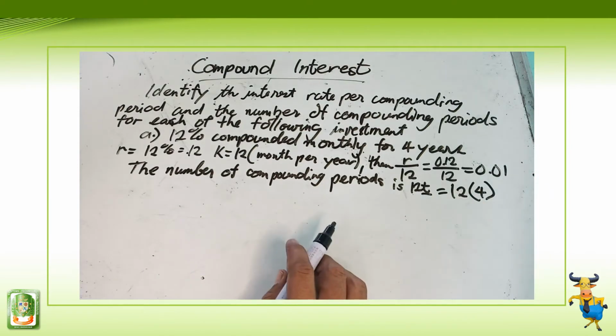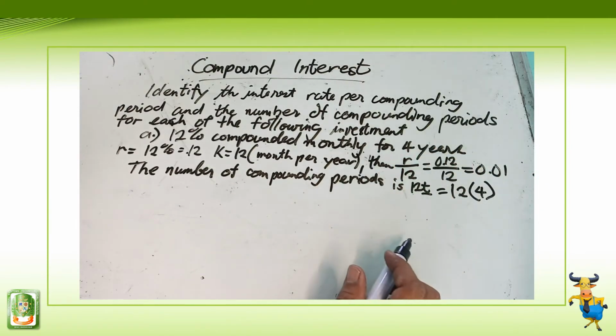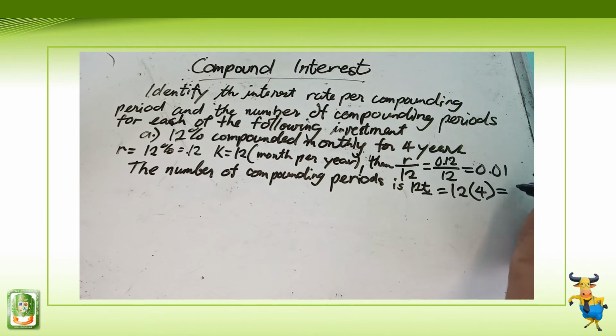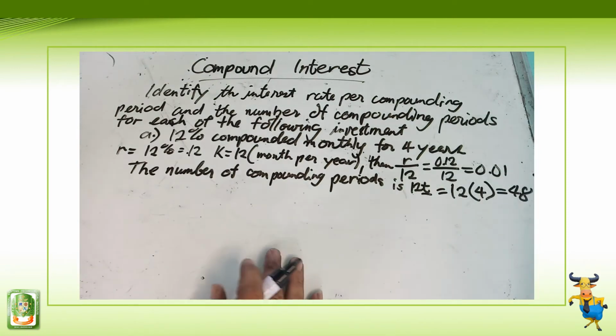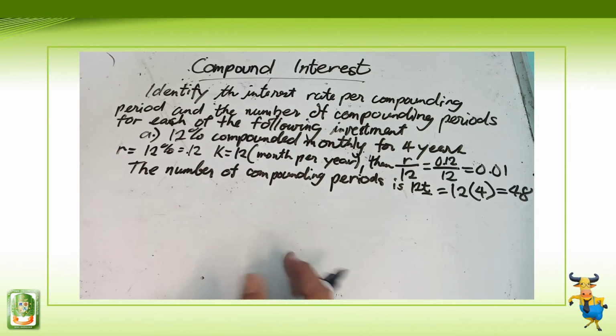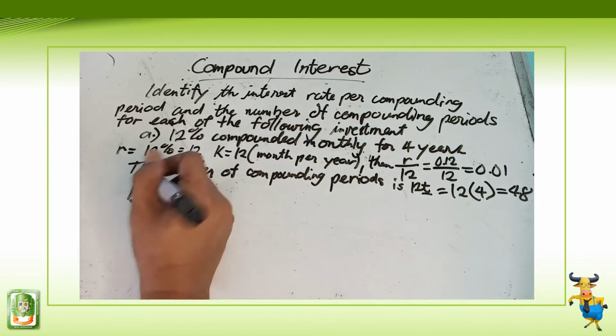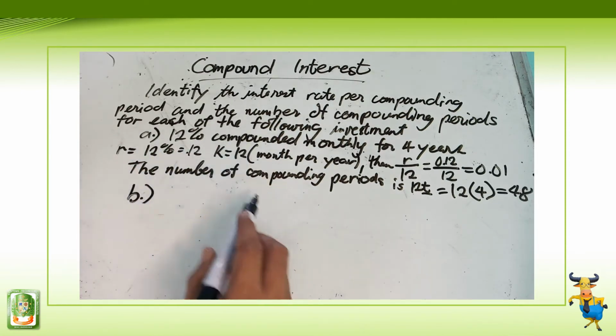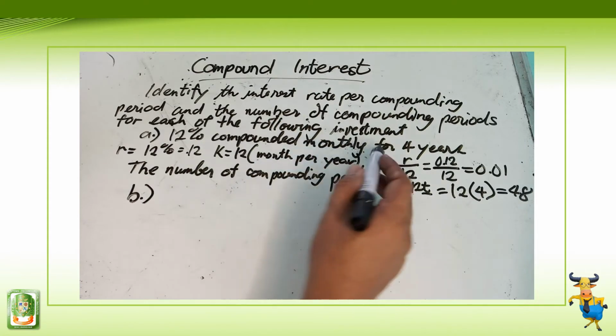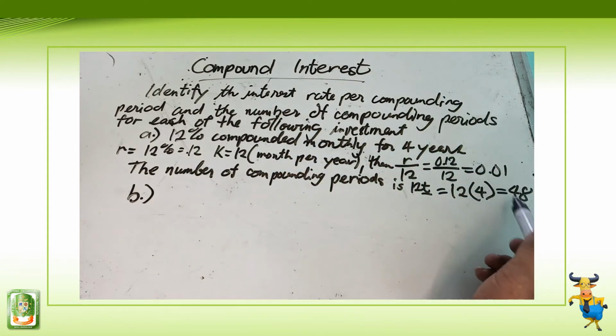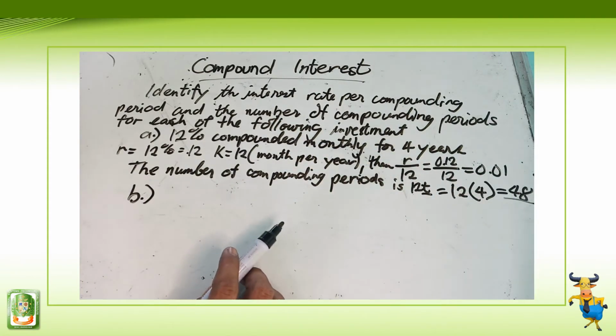Ilan yung time natin? 4 years is equal to 48. So, sa compounding periods natin, meron tayong 48. Letter B. Sa loob ng 12% compounded monthly for 4 years, meron tayong 48.